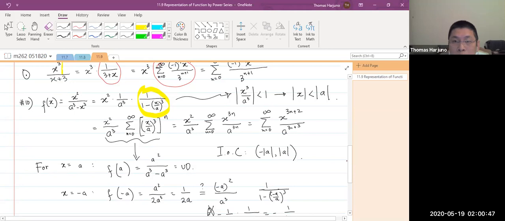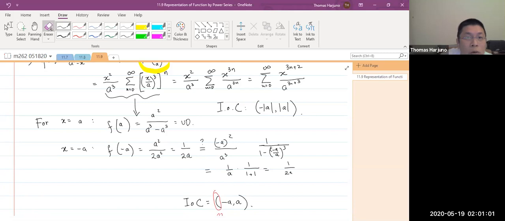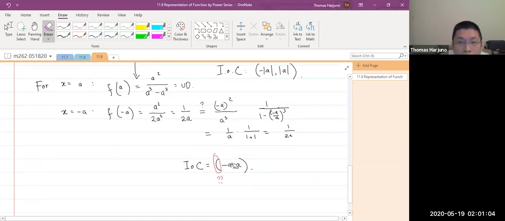I made a mistake here. This is not negative, that's positive. That's positive, so it's actually true. They're equal. So it's convergent here. Good thing I looked at that again.